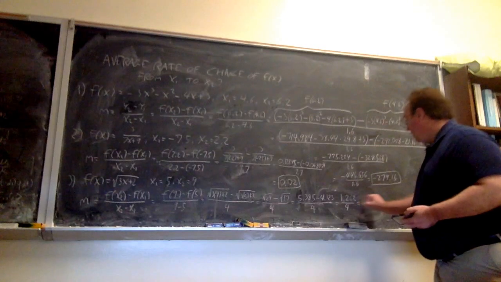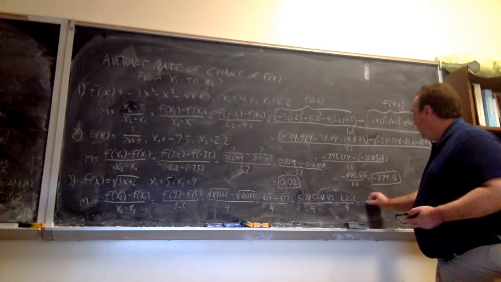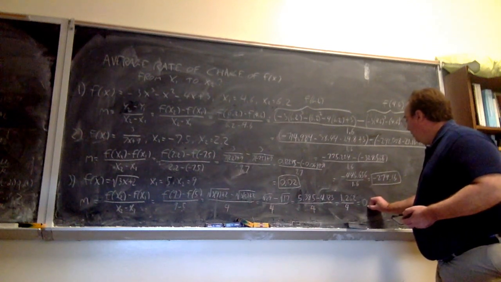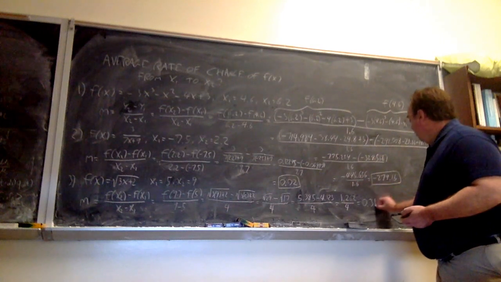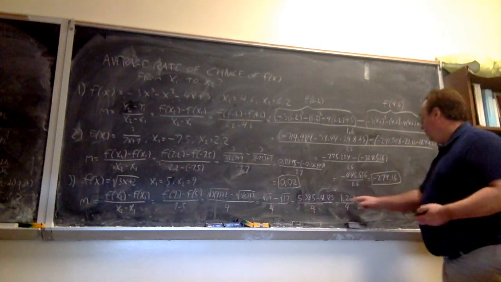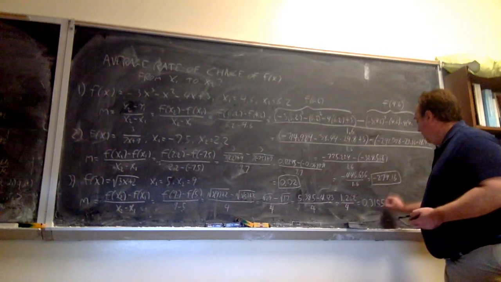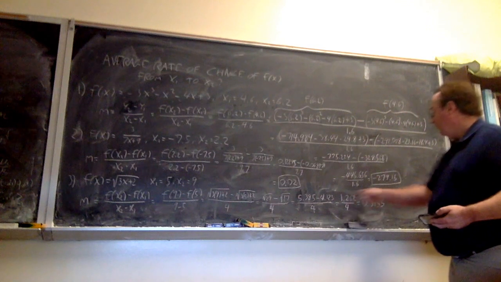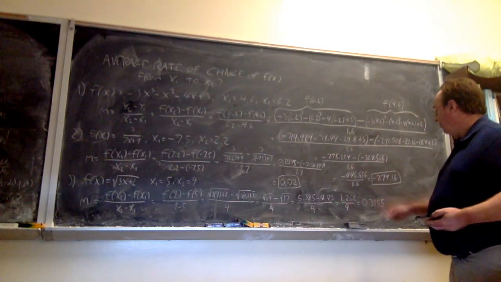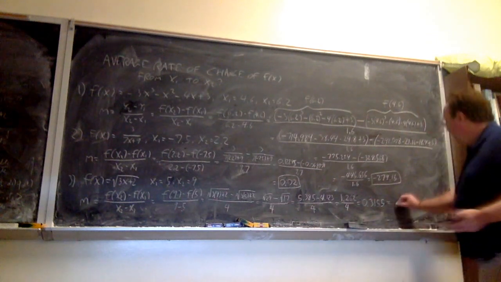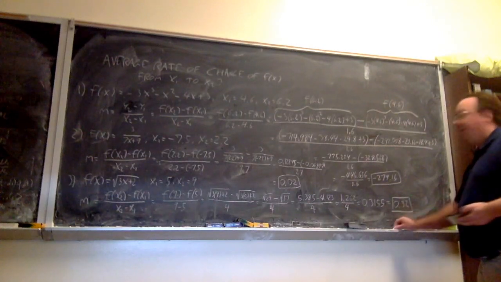So that would turn out to be 0.3155. That's the exact value of this fraction. But if I were to round to the nearest hundredth, I would get 0.32. So that is my final answer.